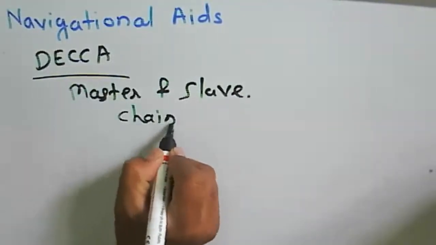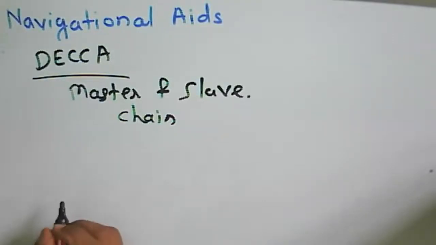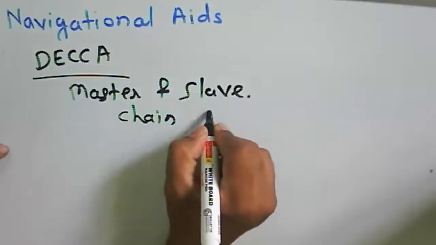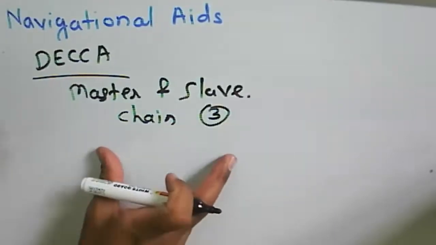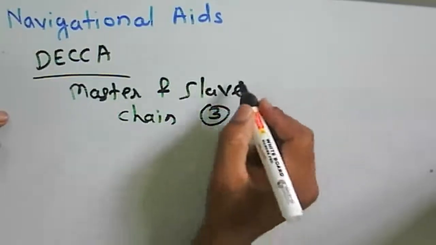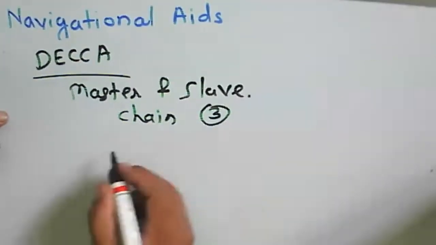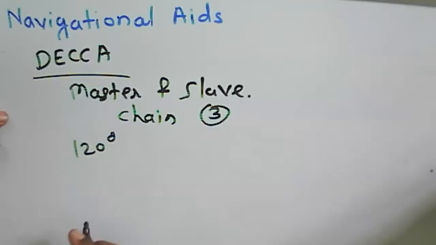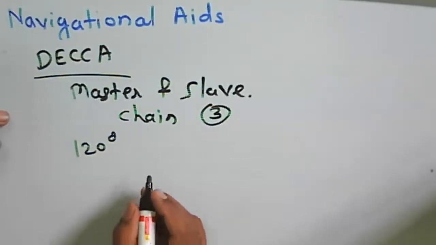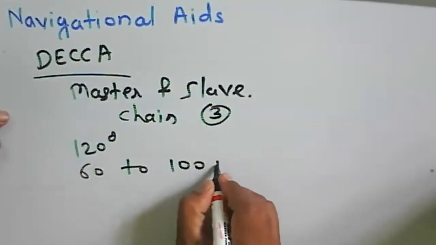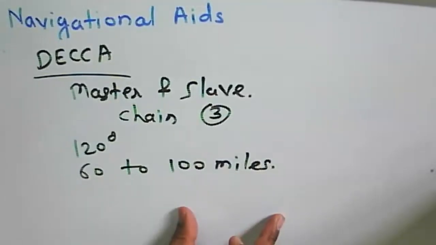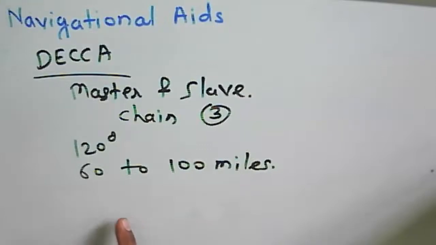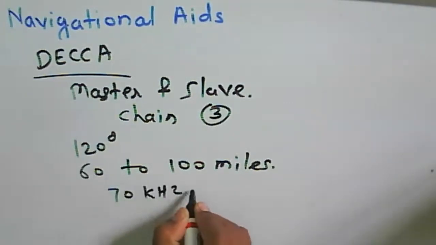Suppose we consider four stations. We can say it has one master and three slaves, so the master station controls the phases of these three slaves, and they are situated about 120 degrees apart, at a radius of 60 to 100 miles from the master, which provides all-round coverage. The operating frequency is about 70 kilohertz to 130 kilohertz.